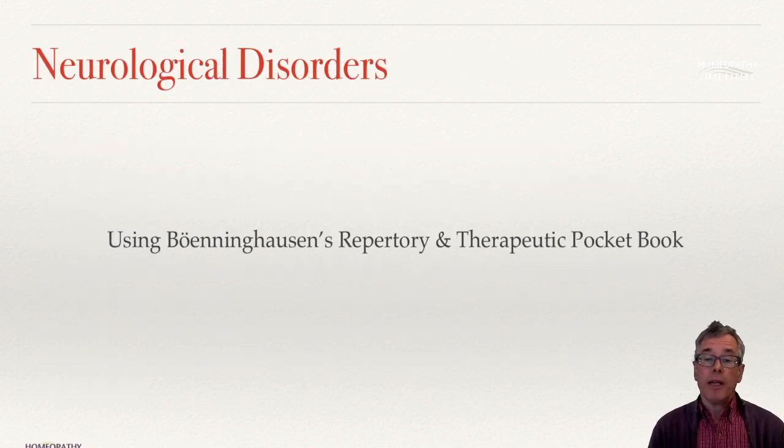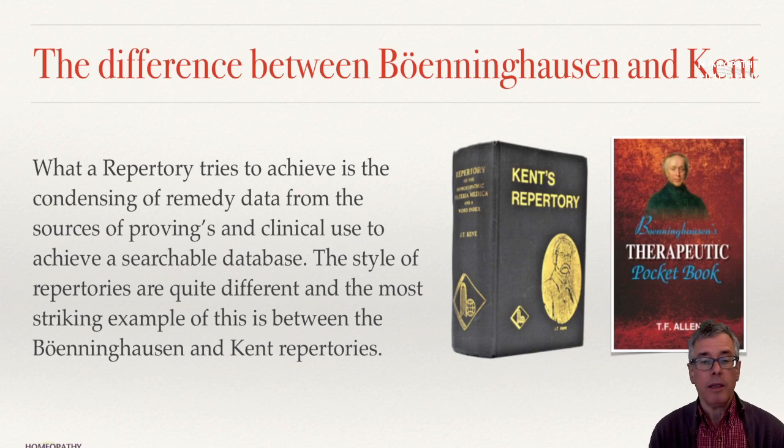Using Böenninghausen's Repertory and Therapeutic Pocketbook, it's important to have a look at the difference again between Kent's schema and Böenninghausen's schema. What a repertory tries to achieve is the condensing of remedy data from the source of provings and clinical use to achieve a searchable database. The style of repertories is quite different, and the most striking example of this is between Böenninghausen and Kent repertories.